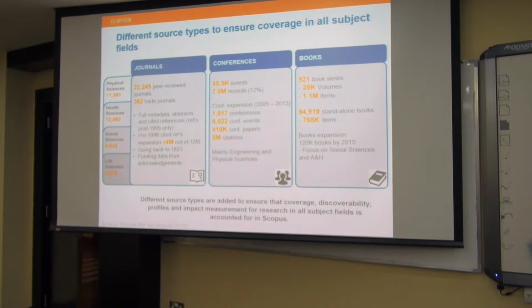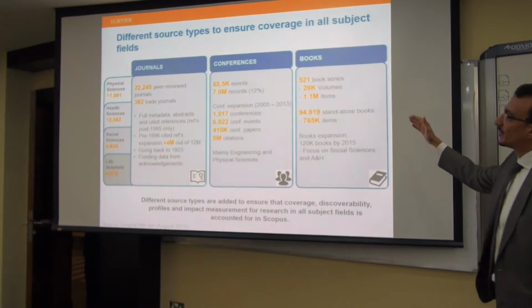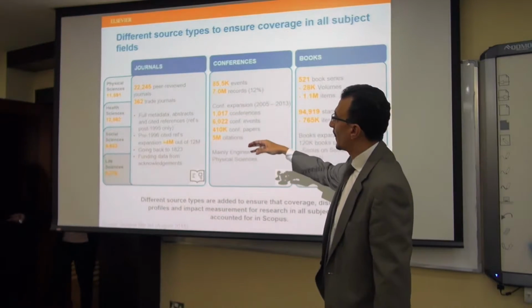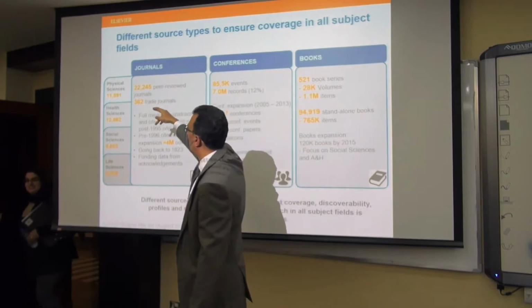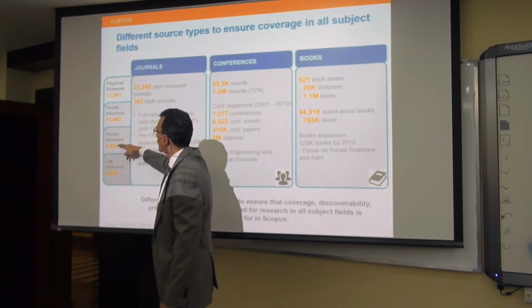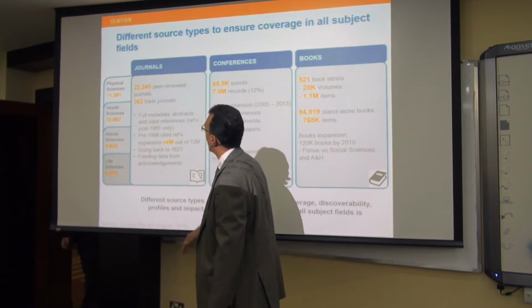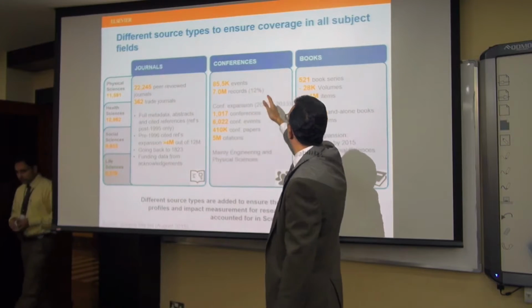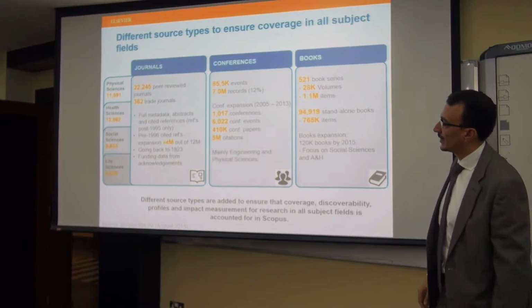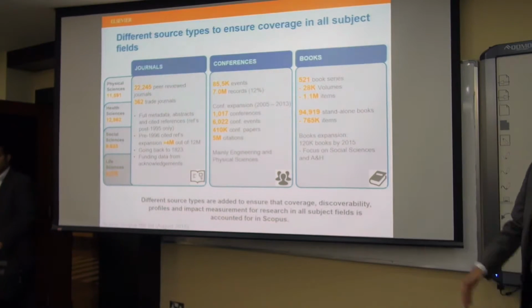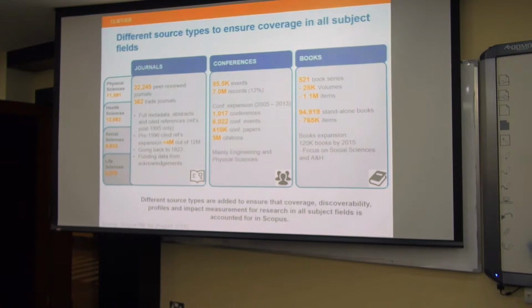Before that, these are the different types of materials in Scopus. Scopus covers the physical sciences, health sciences, social sciences, and life sciences. And we have journals, conferences, and books. These are the different types of materials and numbers of publications within Scopus.